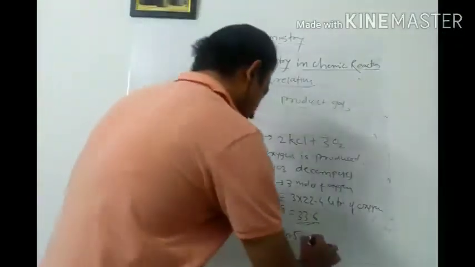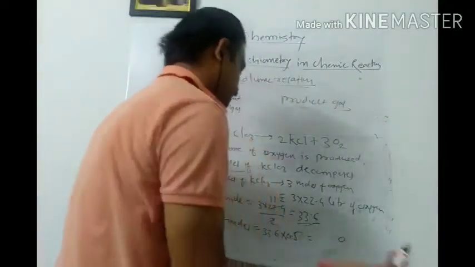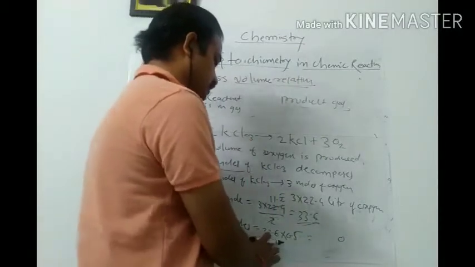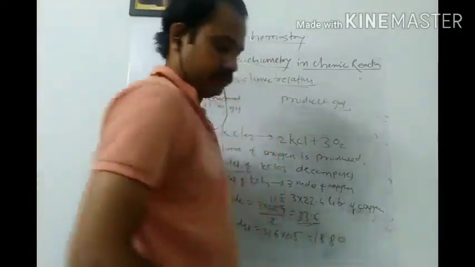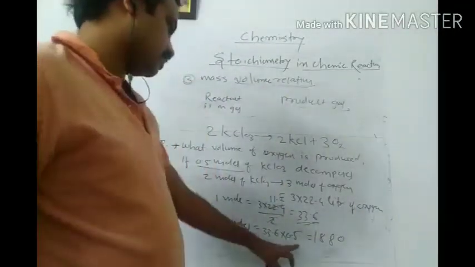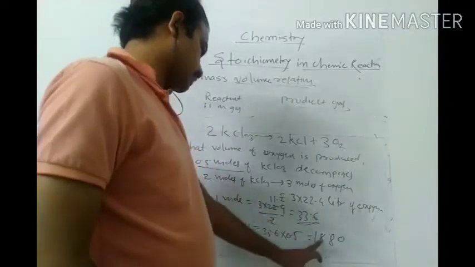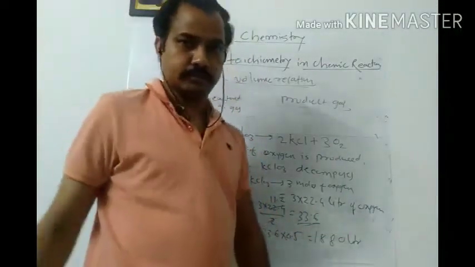I will calculate it: 5 6s are 30, 5 3s are 15, 18, so I can say 16.80 liters. Isn't it simple?